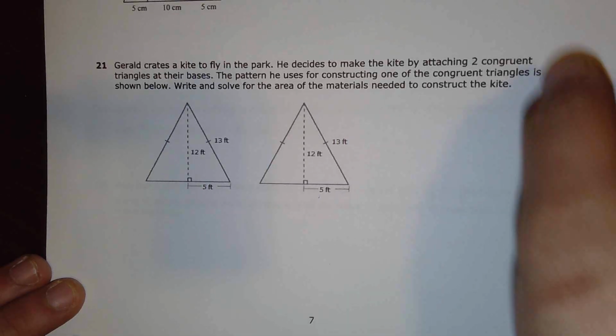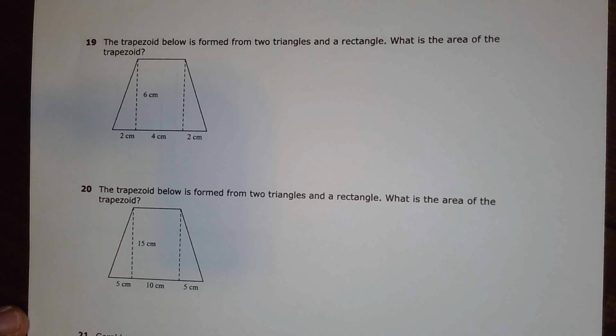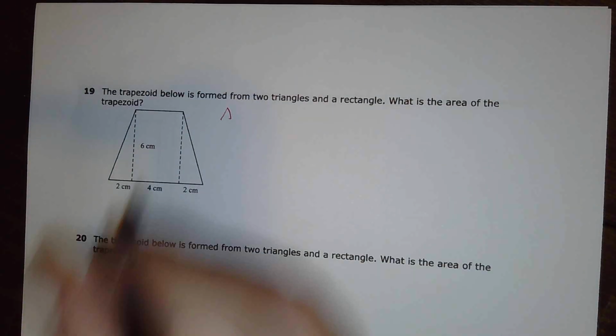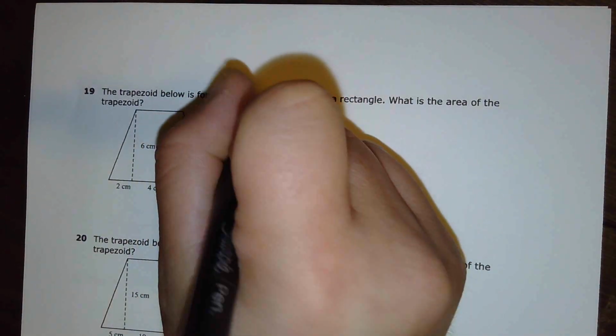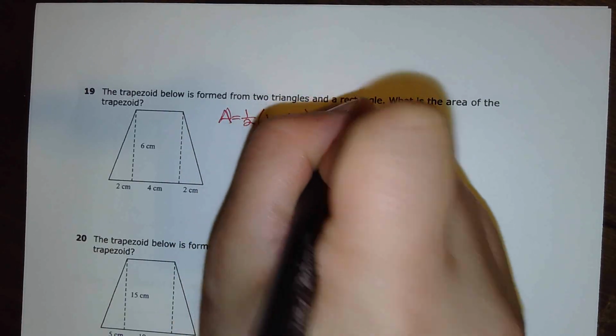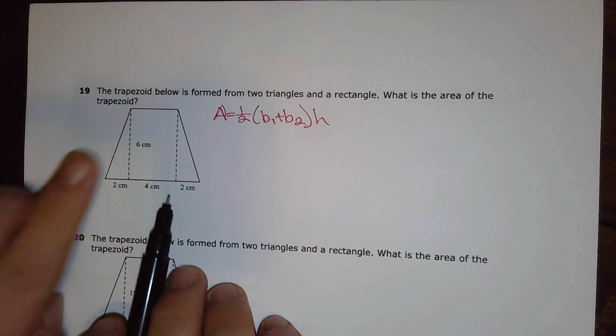All right. Almost there. Okay, this one, remember earlier I said there was going to be a formula for area of a trapezoid. Here we go. Area equals 1/2 times base 1 plus base 2 times height, okay? Now, base 1 is going to be 4.